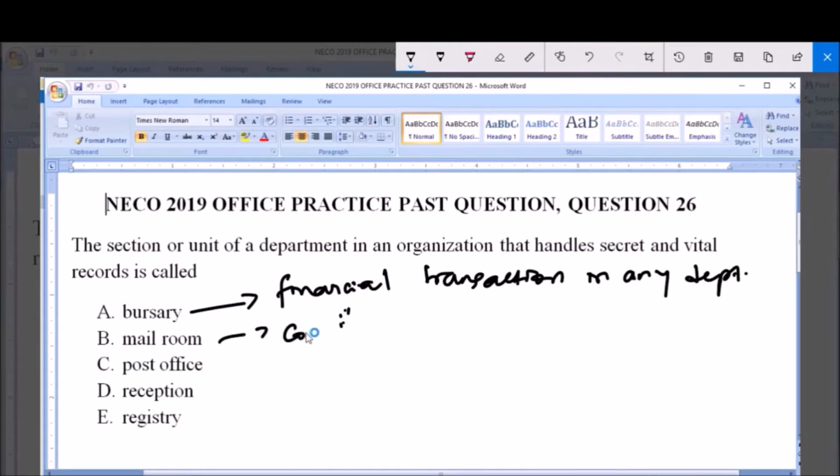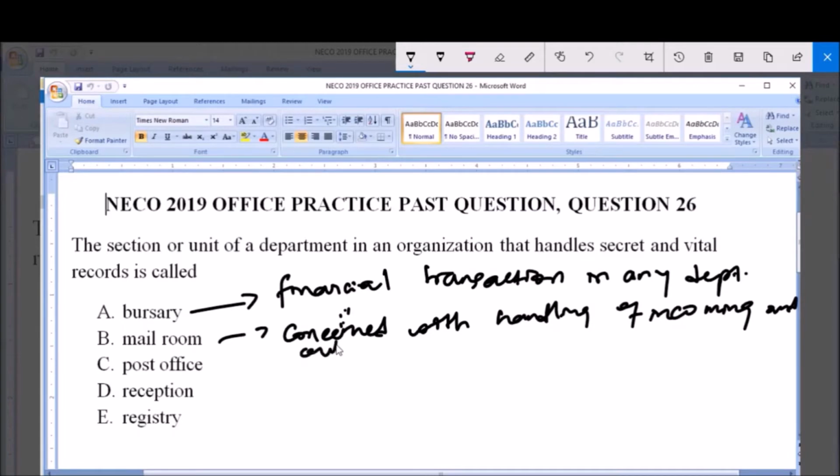It is concerned with the handling of incoming and outgoing mails in an organization. That is, they process and store mail in an organization.